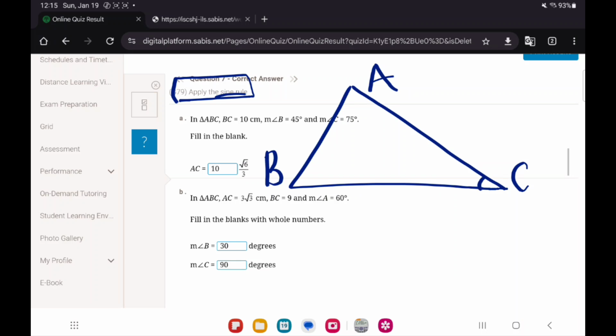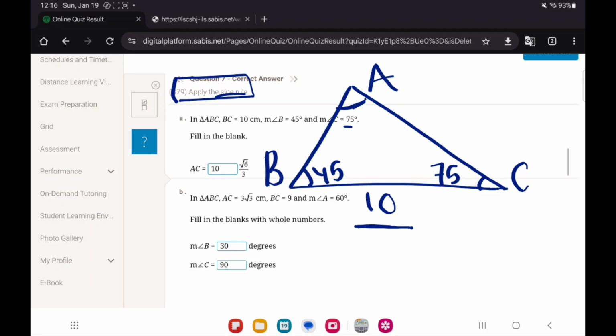So we have angle C is 75 from this, and then angle B is 45, and then the side is 10. But now, how can we solve this? Because we have two angles, but we don't have any of those sides. But we have side 10. Okay, what is side 10 opposite to?